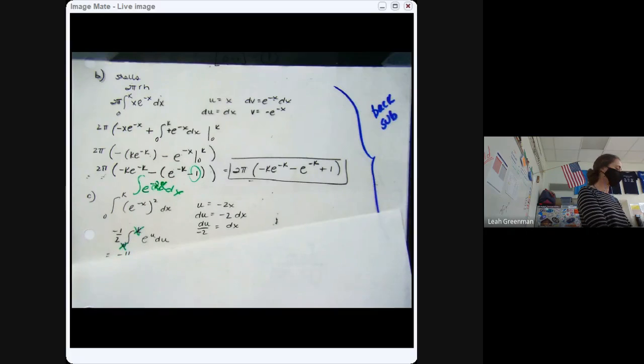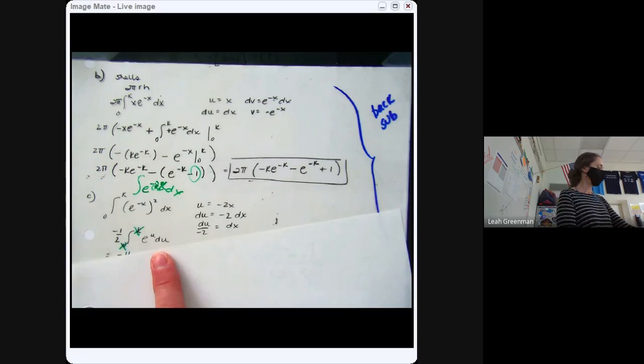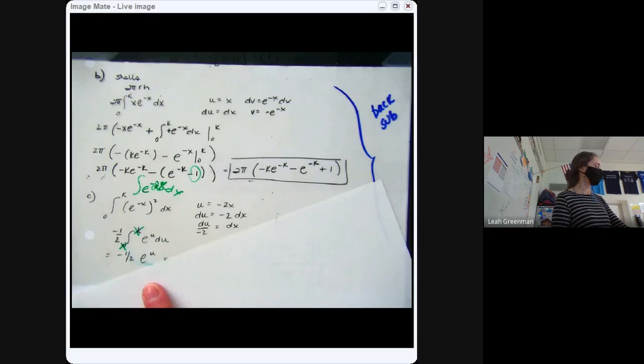They definitely should not be zeros and k's. 0 would be fine. You'd plug in a k and get a minus 2k at the top. But if it's an improper integral, which technically this isn't because we don't have a limit out there, they're asking in terms of k. But again, I would go through, right? What's the antiderivative of e to the u with that minus 1/2.